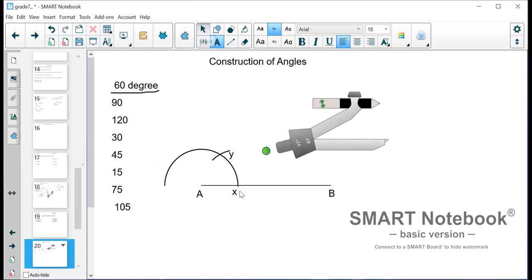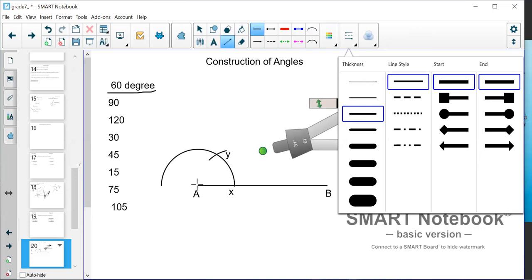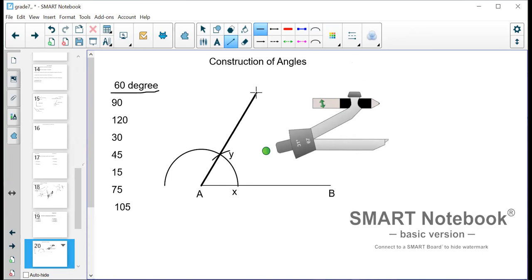So what we do next, we take our ruler and we draw a line from A through Y. If you notice, I changed the thickness of that line because in terms of line work, the two lines that make up the angle must be bright, and the arcs that help you to get the angle must be light.